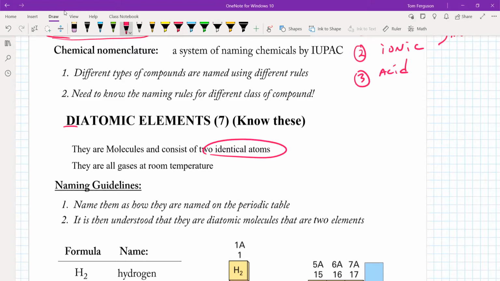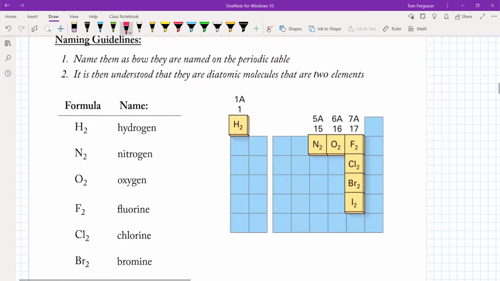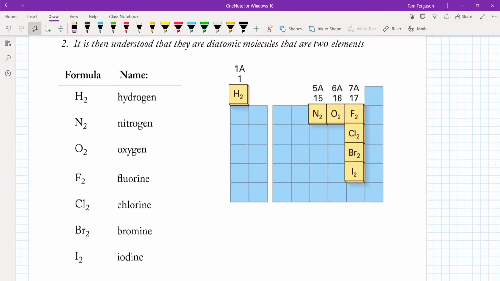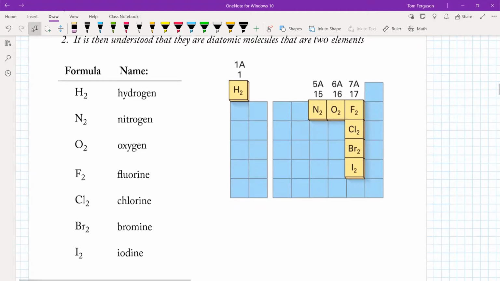There are 7 of them, and you need to know these. Okay? These are the 7 here. Basically, the noble gases, and oxygen, nitrogen, and hydrogen. Okay, except that one there.